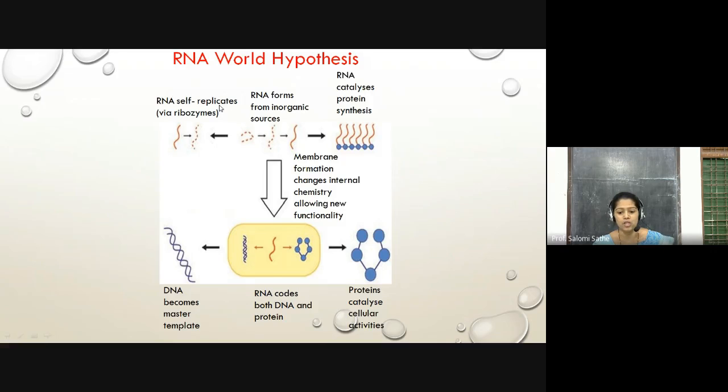RNA self-replication, RNA forms from inorganic sources, RNA catalyzes protein synthesis. Now here the membrane formation changes internal chemistry, allowing new functionality, and therefore the protein catalyzes cellular activity. DNA becomes the master template and RNA codes both DNA and the protein.